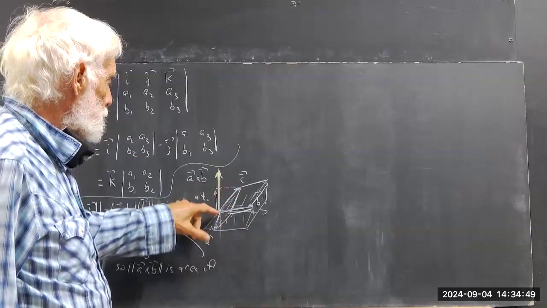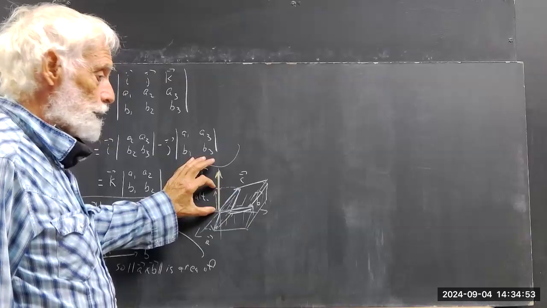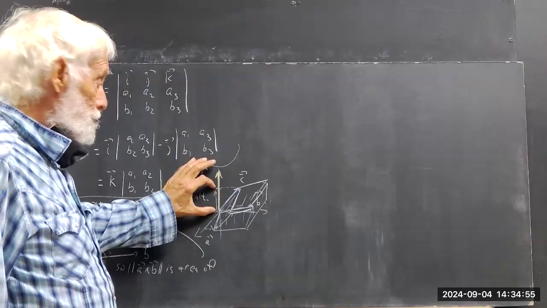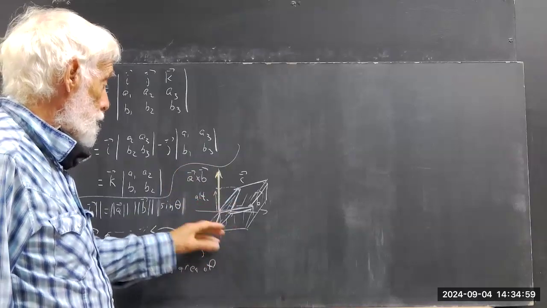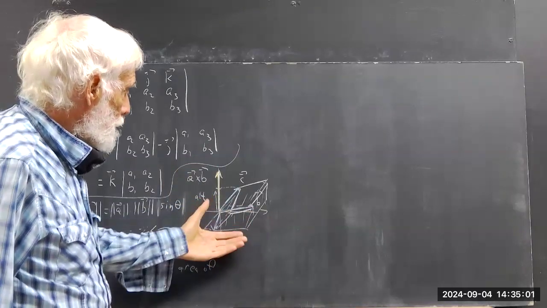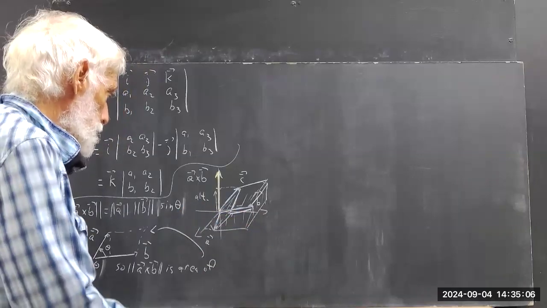Well, you've got a right triangle here, and right there is C cosine theta. That's the altitude of this three-dimensional figure above the parallelogram down here in my XY plane.